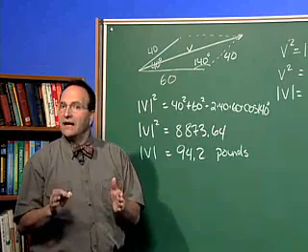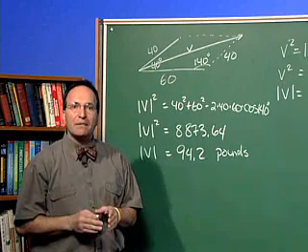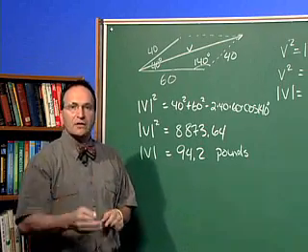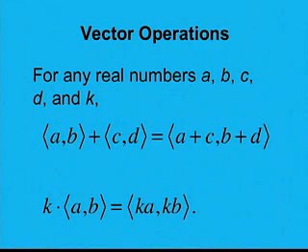Now, vectors have several operations which can be performed, and let's take a look at those. Vector operations. For any real numbers a, b, c, d, and k, vector a, b plus vector c, d is equal to the vector a plus c, b plus d. That is to say, you simply add the corresponding positions.